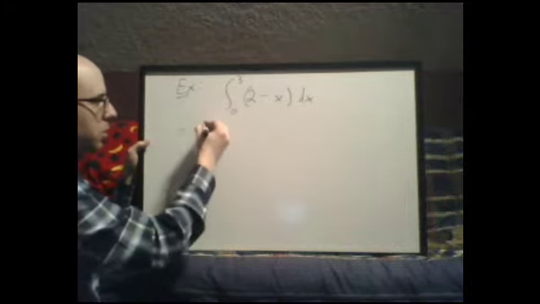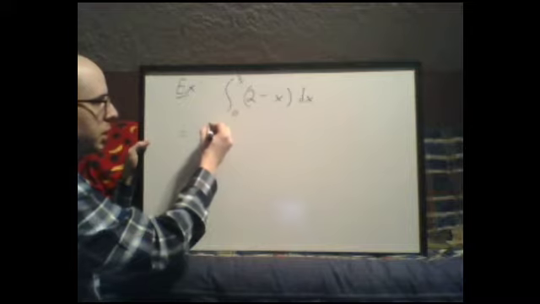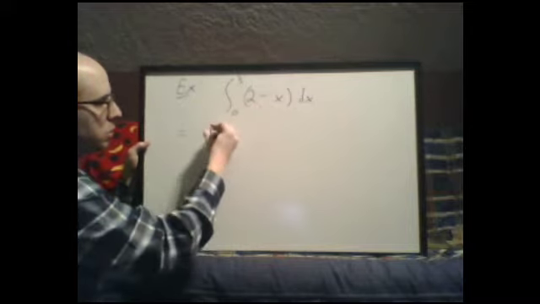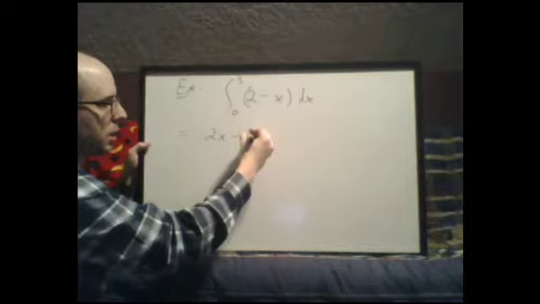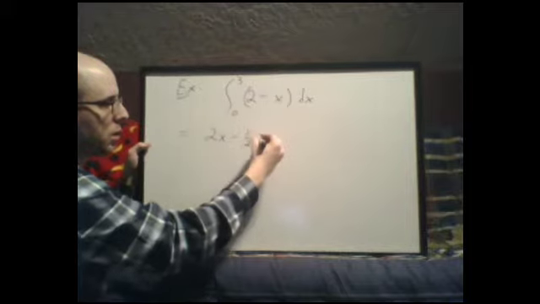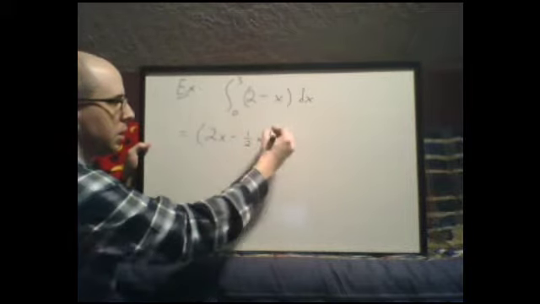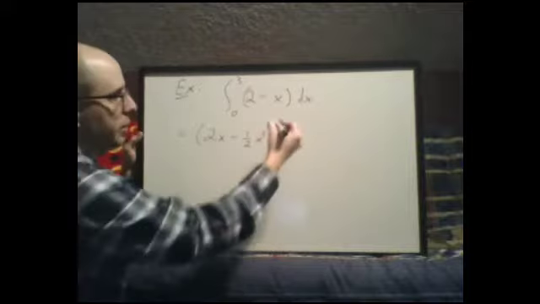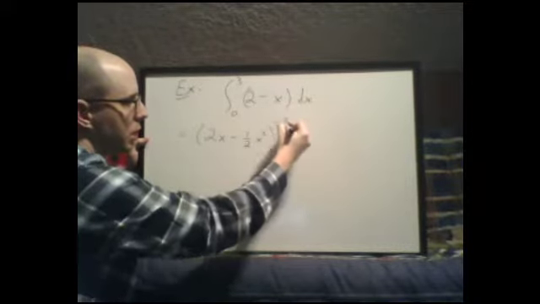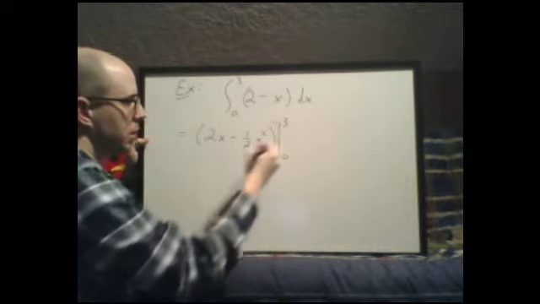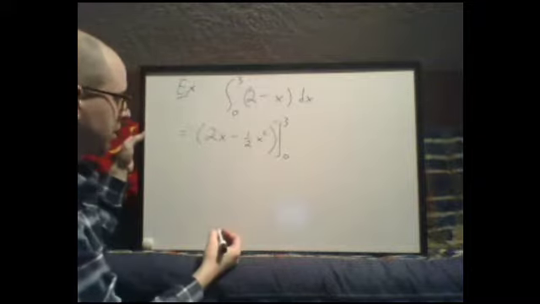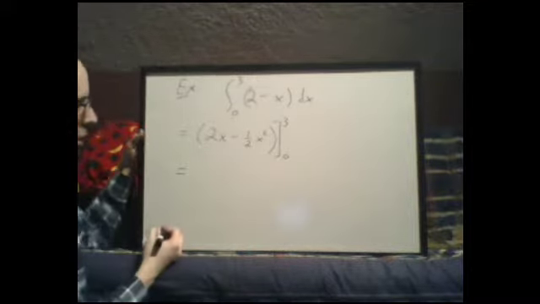Okay, so we would integrate this: 2x minus 1/2 x squared. That's our antiderivative, and now we plug in our 3 and our 0 and subtract. So let's work this out.